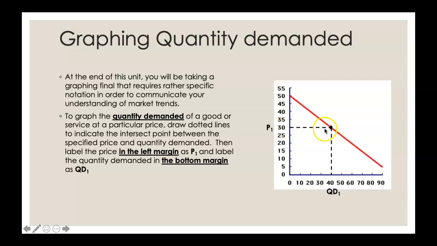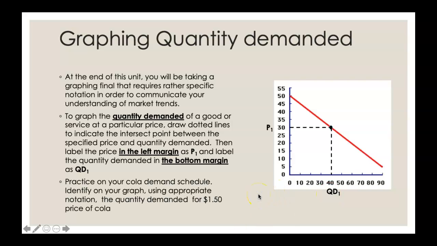You label this P1 because it's your first price that you've graphed, and you would label this one QD1, quantity demanded 1, because it's the first quantity that you have graphed. And that's how you graph quantity demanded.